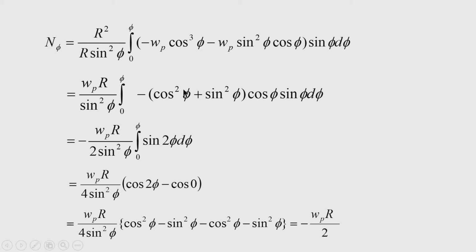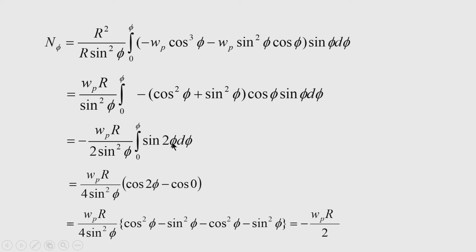So, taking this cos phi common from this parenthesis, we can now write say W p r divided by sin square phi minus cos square phi plus sin square phi into cos phi sin phi d phi. So, this quantity is 1. Now, cos phi sin phi, if I multiply it by 2 and then divide it by 2, then we can write it sin 2 phi, and this divided by 2, that is factor 2 is coming in the denominator here.